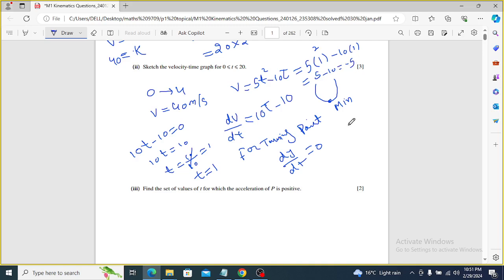So the coordinate I obtain is 1 and minus 5. I am done with this section.